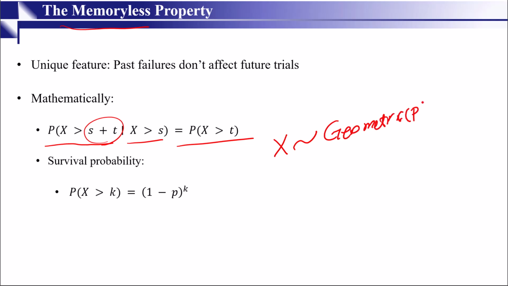We say X follows geometric distribution with the probability of p. And we can say P(X > k) = (1 - p)^k. This property is unique among discrete distributions and mirrors the exponential distribution in continuous setting that we will study later.